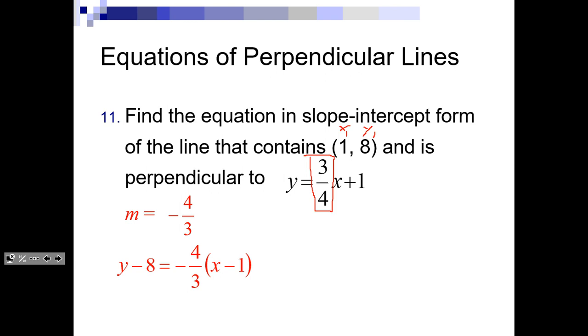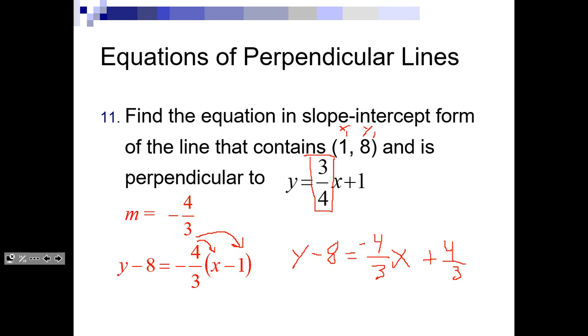And then we are going to distribute that -4 over 3, and we are going to end up with y minus 8 equals negative 4 over 3 x plus 4 over 3.